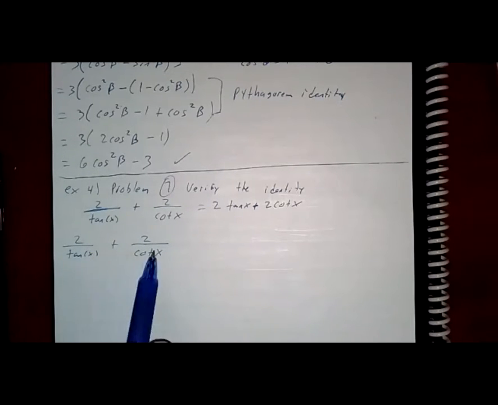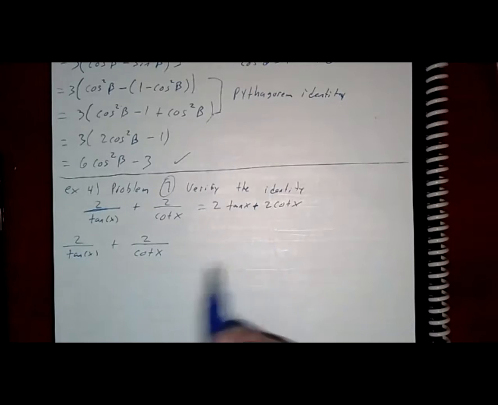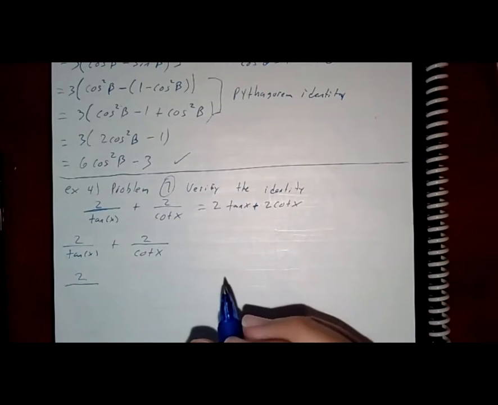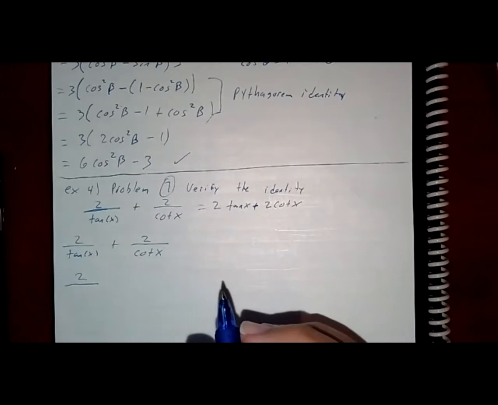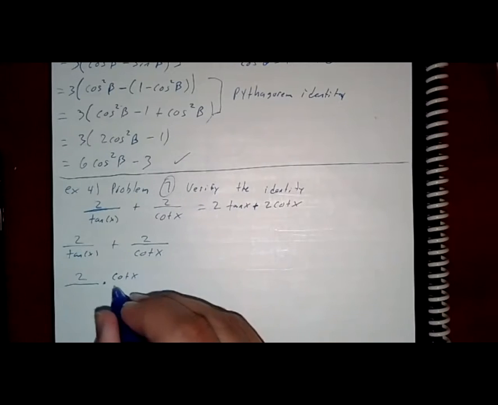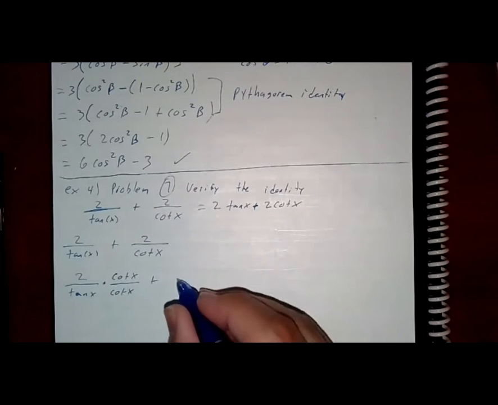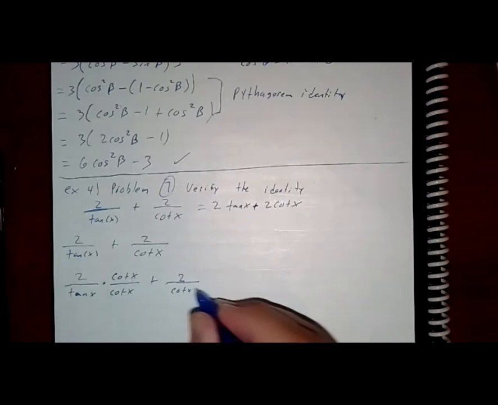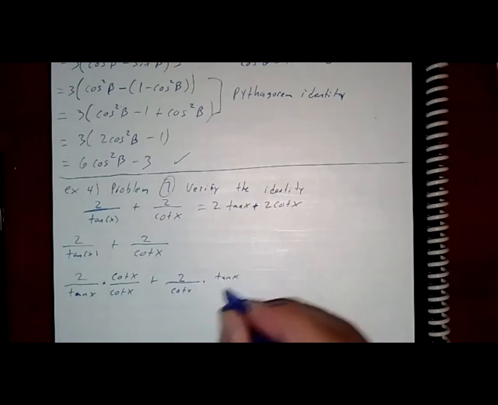So we have a fraction plus a fraction. So we need to introduce the LCD, right? The LCD would be tangent times cotangent. So I need to multiply this one by cotangent x over cotangent x, plus, this guy's going to need a tangent. I'm just getting the same denominator.